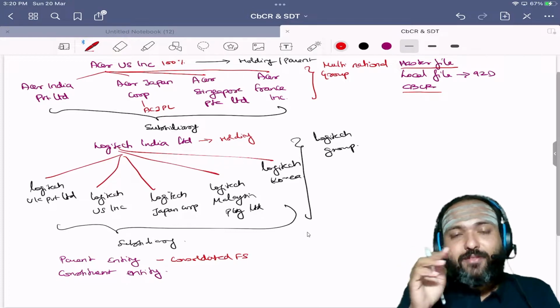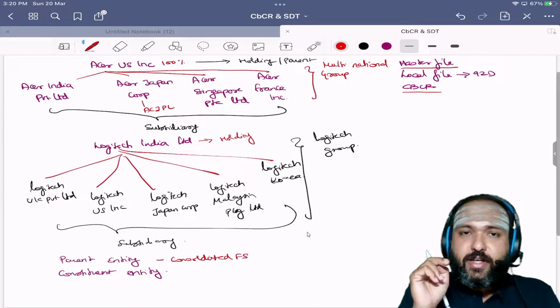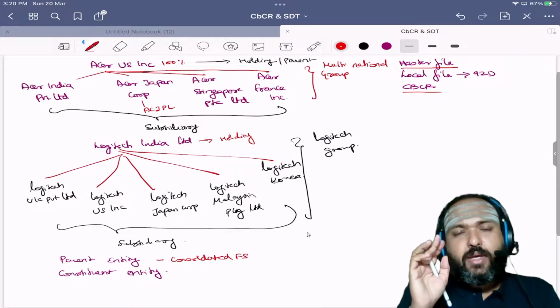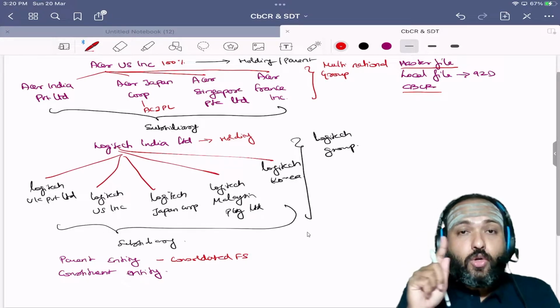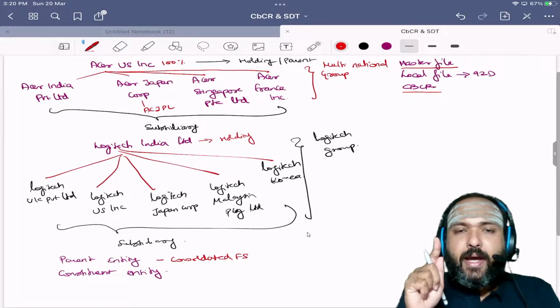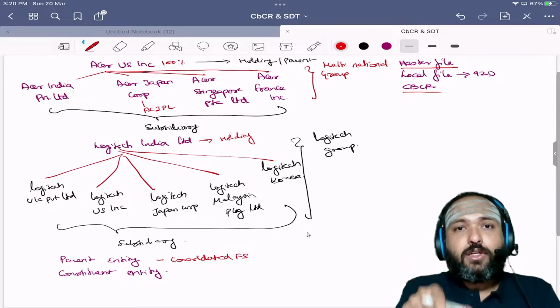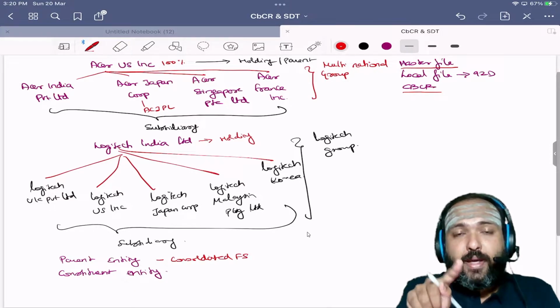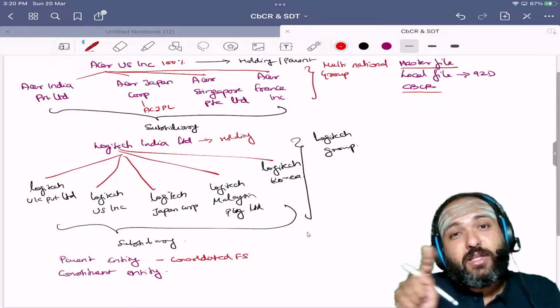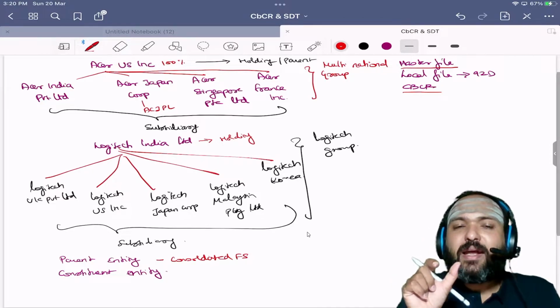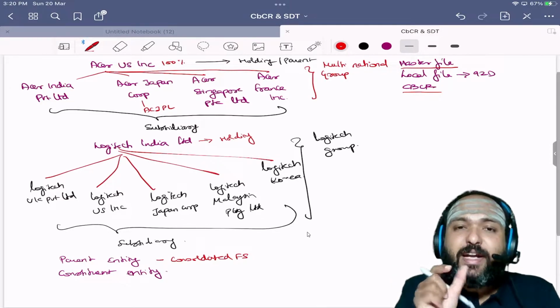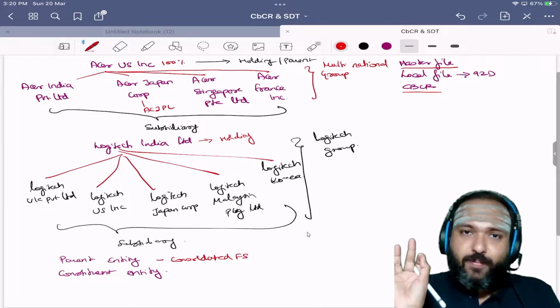Now, Acer Japan will also prepare consolidated financial statements. Yes. So can I tell Acer Japan is a parent entity? No. Acer Japan is only a part of the group, not the full group. Acer Japan does not consolidate for the entire group. Acer Japan consolidates for the limited purpose of its own financial statements.